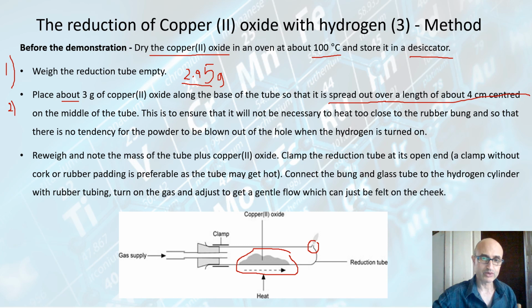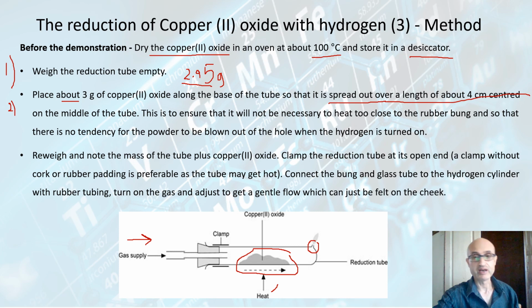Remember, it's going to be strongly heated from beneath, okay? You're going to have a gas flow in this direction of hydrogen, so under the influence of the gas flow of hydrogen and the heat from beneath, the powder, which is a very light powder, tends to get easily agitated. We don't want any of it to be carried over into the venting valve, and this would cause a loss of compound, which would cause a problem with our calculation of the formula of copper 2 oxide.